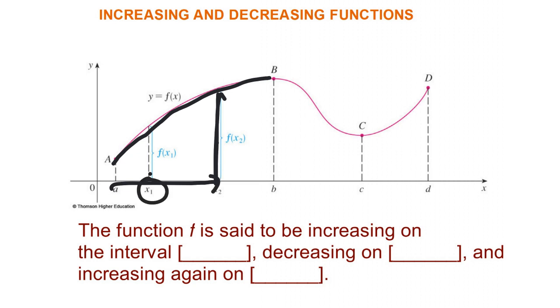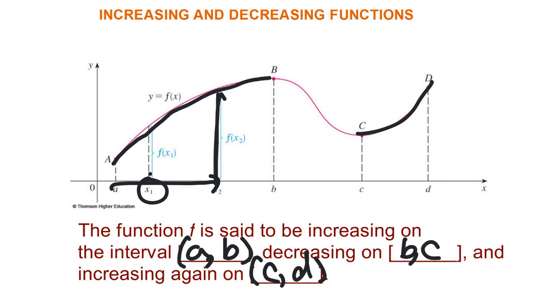So this one is increasing on the interval from a to b, and it's decreasing on the interval from b to c, and it increases again from c to d. I think these should be parentheses, not brackets, because at the point right here, it's neither increasing nor decreasing.